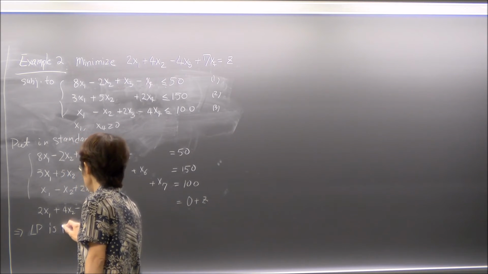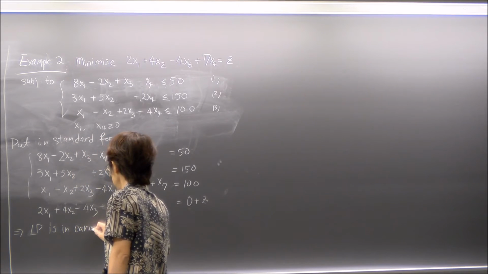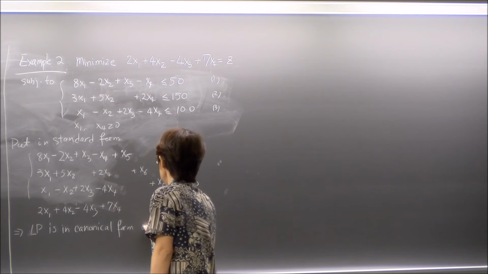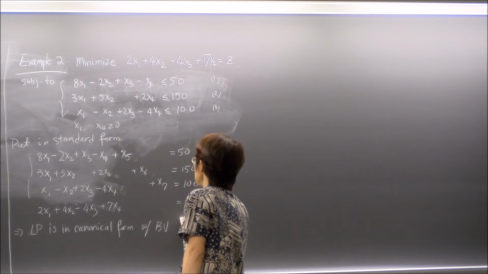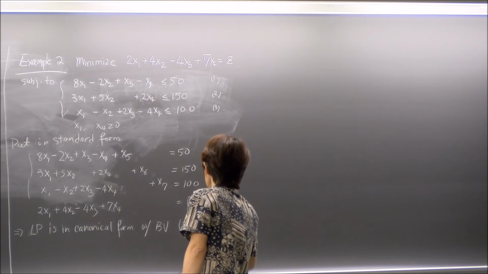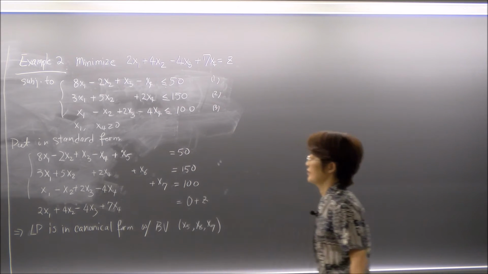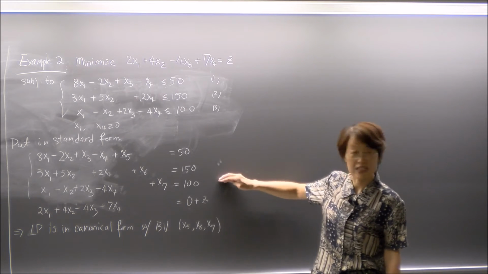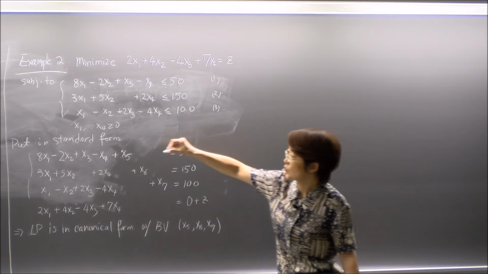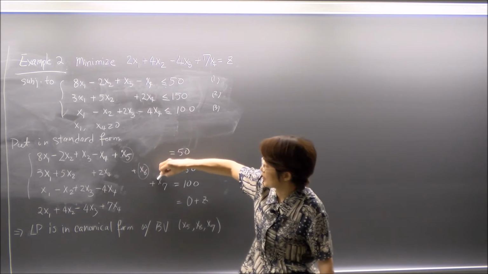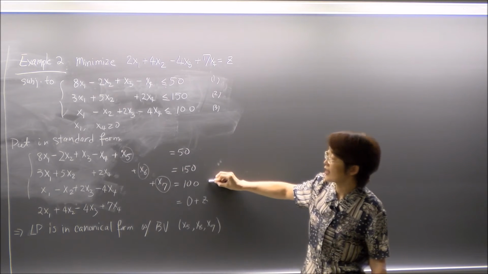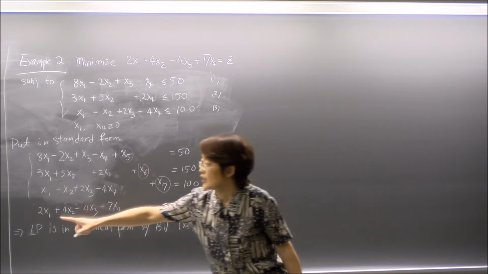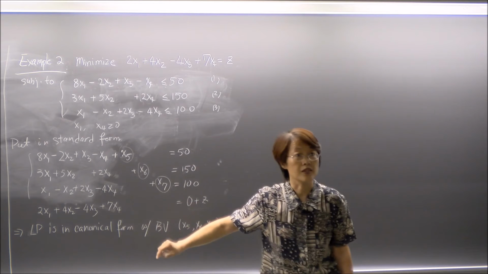LP is in canonical form. Okay? With the basic variables, x5, x6, and x7. Is it clear how to check this is in canonical form? Is it clear? We notice that these are the basic variables, and the right-hand side is all non-negative, right? And the objective function is expressed using only the non-basic variables.